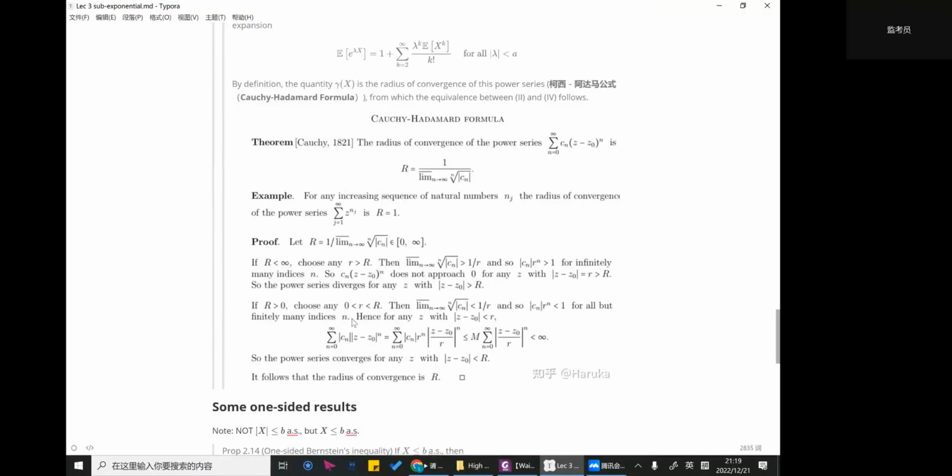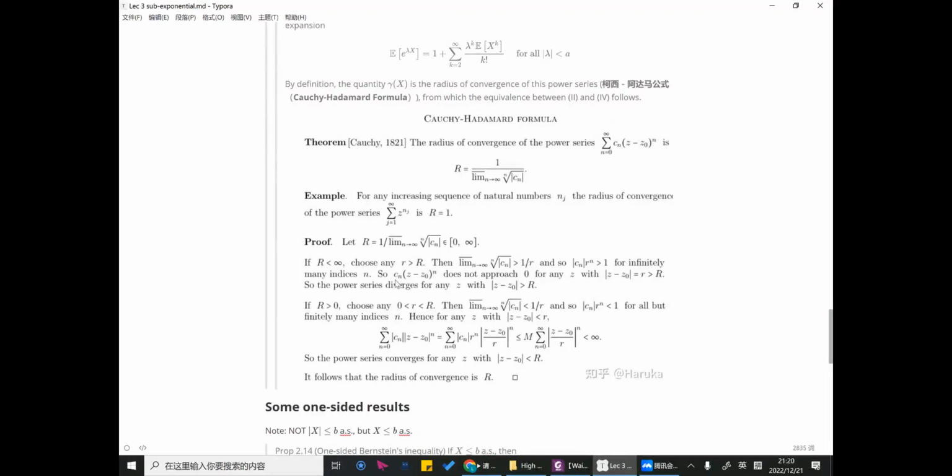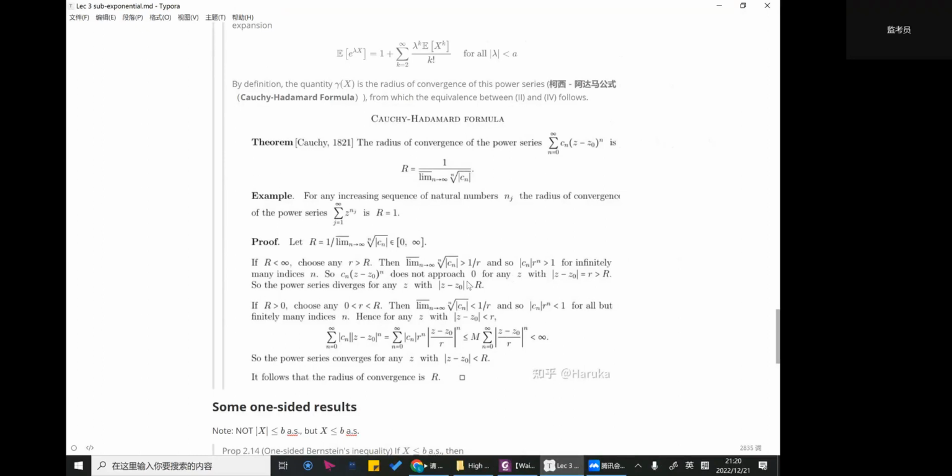So this proof is intuitive. I write it here. So by the definition of supremum, or the upper limit, we get the final result. So here it says we can choose any little alpha larger than big alpha. Then by the definition of the supremum, we get that this does not approach 0 for any z with this larger than r.